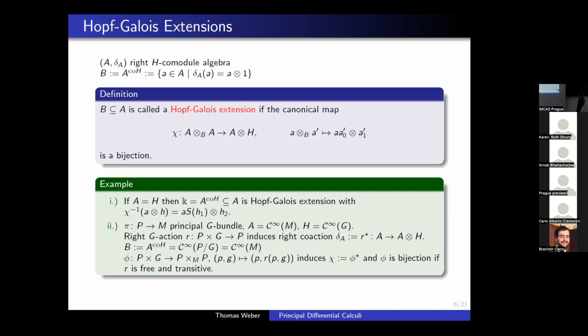Yes, this is a contravariant functor, so you have to reverse the arrows basically. And here you can see that the space of invariants, so that's the point here, is really just given by the functions on M.